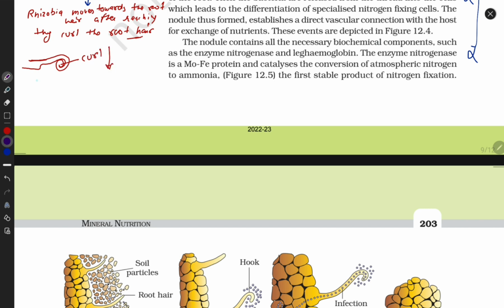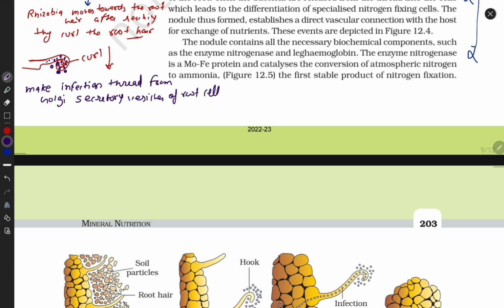Now what will the bacteria do? They enter this curly root hair. And what do they make? They form an infection thread from Golgi secretory vesicles of root cells.